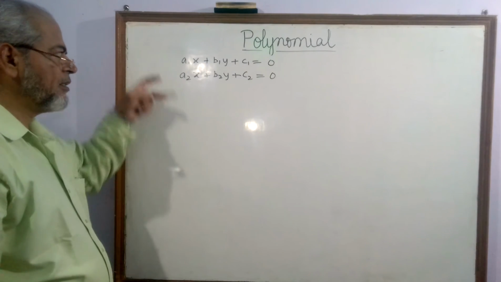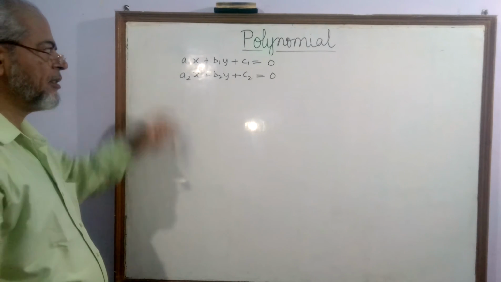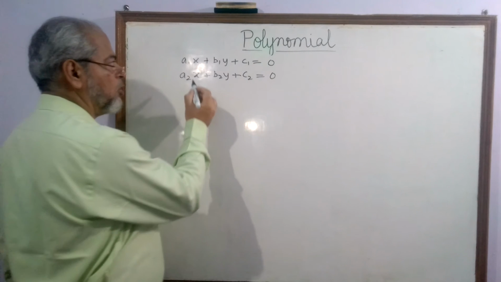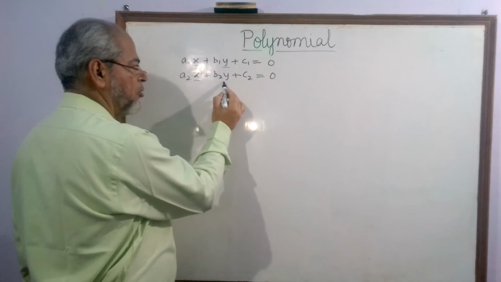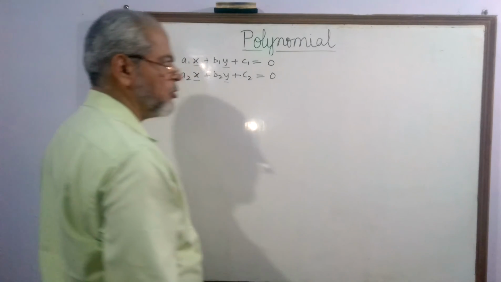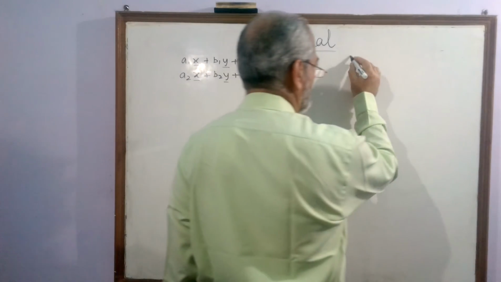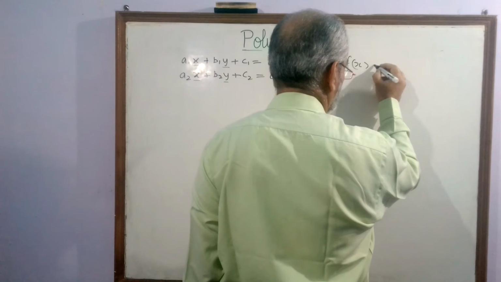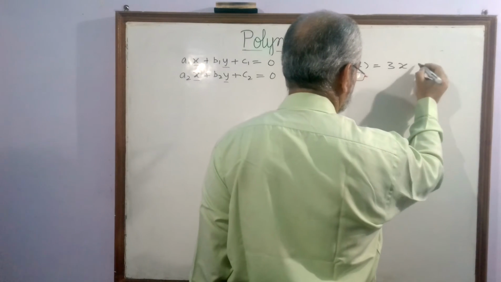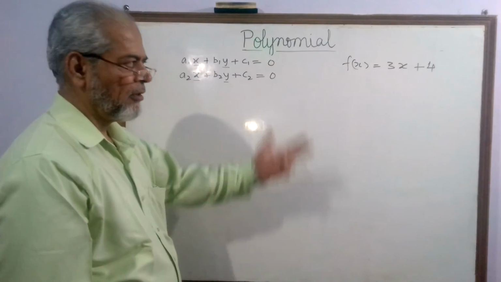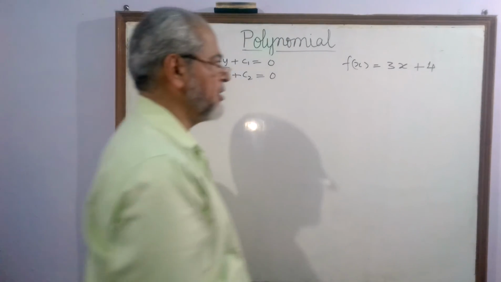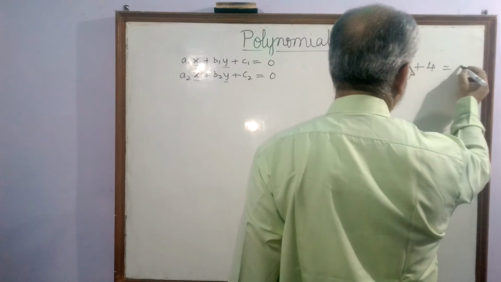So if there are two equations in polynomial of two variables, only then you can solve. But if you have only one variable, for example, f(x) = 3x + 4, it can be solved easily. Just put equal to 0.